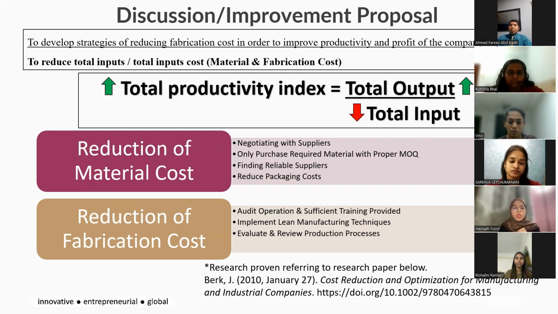The second method we can try in order to improve our productivity is reduction of fabrication costs, where we can perform operation audits and provide sufficient training for all the operators.